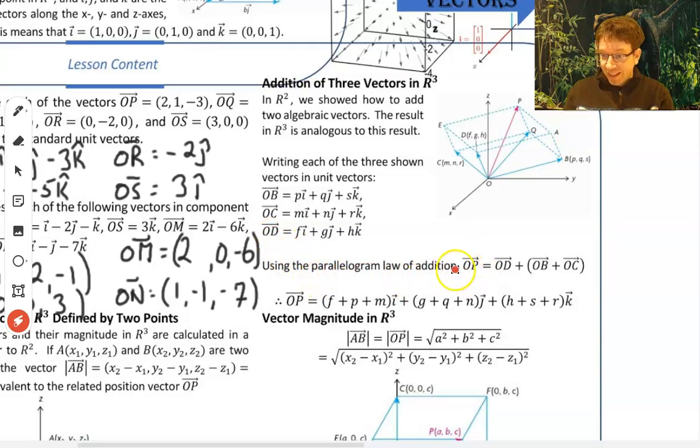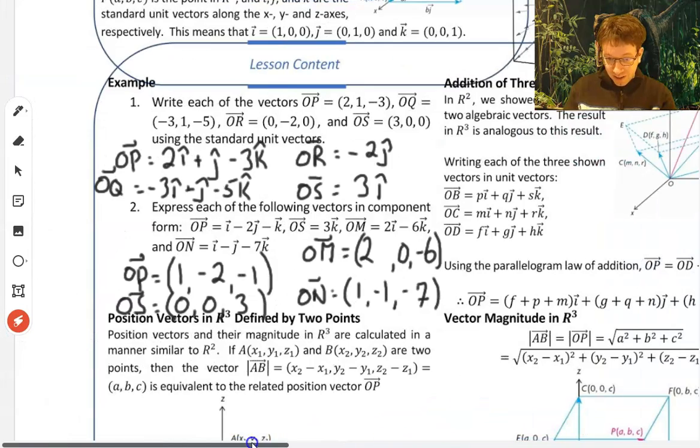We can say OP is the sum of all 3 of them, in which case, just like when we did 2D, we simply added our 2 unit vectors for i, our 2 unit vectors for j, and our 2 unit vectors for k. Sorry, we didn't do k for our 2D. For 3D, we're doing the exact same thing, except now we have k involved here as well. So we're just adding k, that's all.